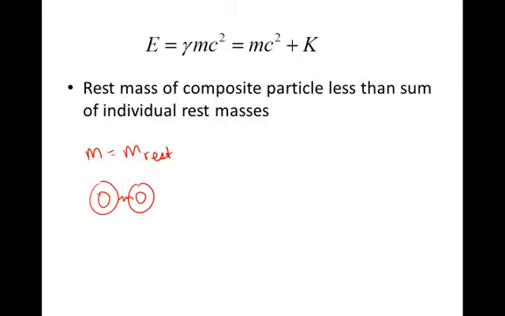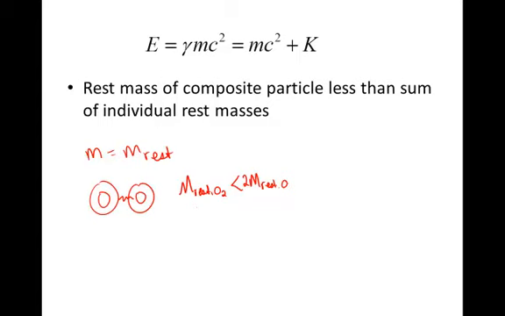It turns out that's not the case. The rest mass, m rest of O2, is actually slightly less than two times the rest mass of a single oxygen atom. Now this number is actually very, very tiny.